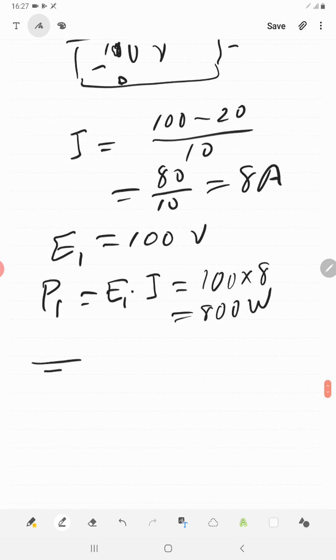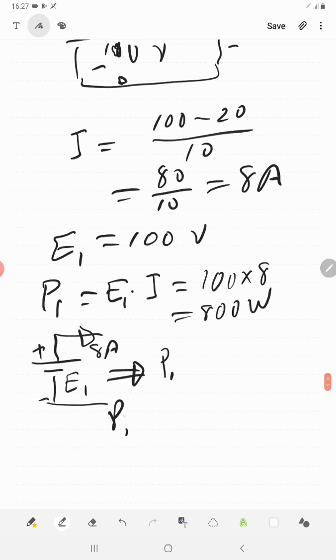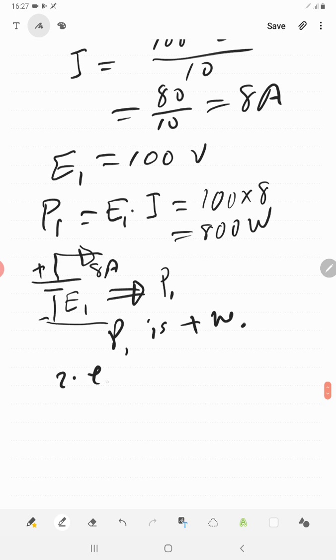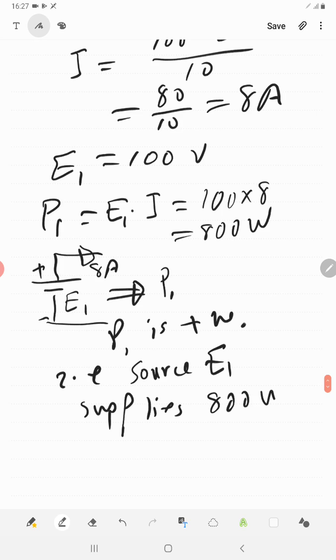So you have here plus minus E1 supplying a current of 8 amps. This will give power P1. So P1 is positive, i.e. source E1 supplies 800 watts to the circuit. Okay, it's very easy to calculate that.